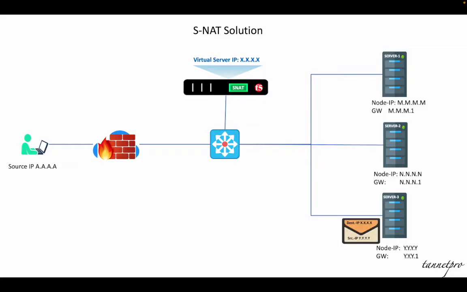Once it is received, it will generate a reply packet. Source would be xxx and destination would be AAA, right? Now it will send the packet directly to the user, and the user will see he has sent the traffic to xxx, and he is also getting a reply from xxx.